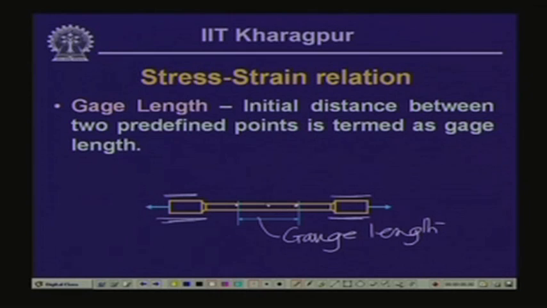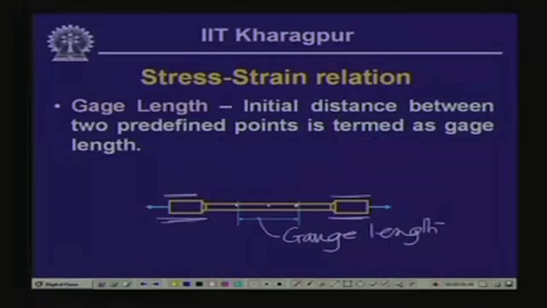And as we have seen earlier, for a body subjected to an axial pull, the normal stress is the axial pull divided by the cross sectional area. So, for each increment of the load, we can compute the stress, we can compute correspondingly the strain, and then we can plot a curve to establish the relationship between the stress and the strain.